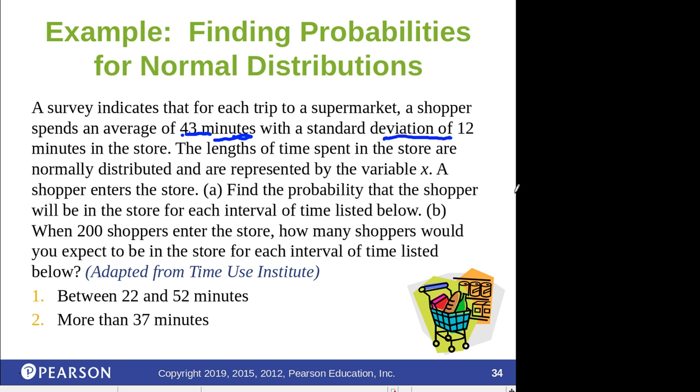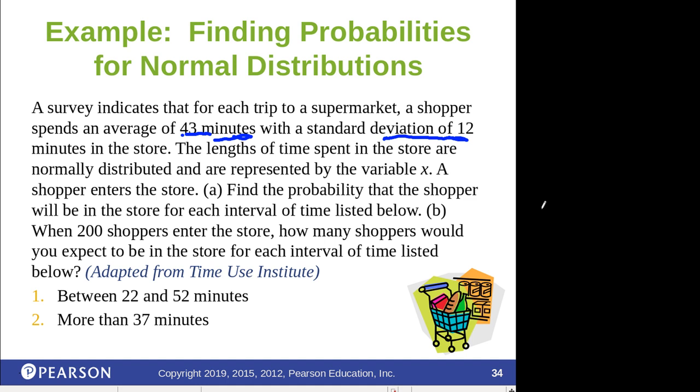Now that data is a sample because there will always be another shopper. There will always be another shopper. And so that sample we can use to infer about larger information. So if a shopper enters a store, find the probability that the shopper will be in the store for each interval listed below.